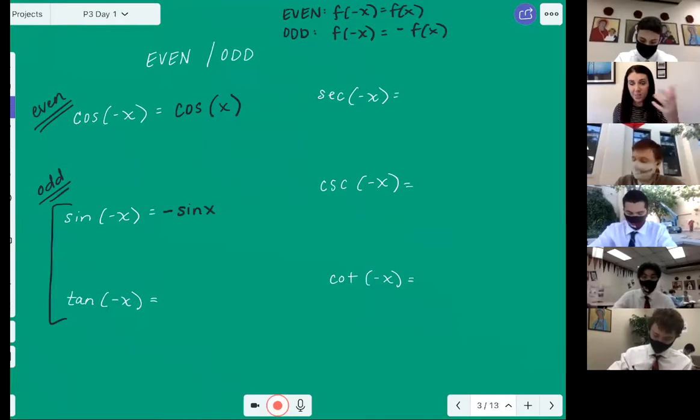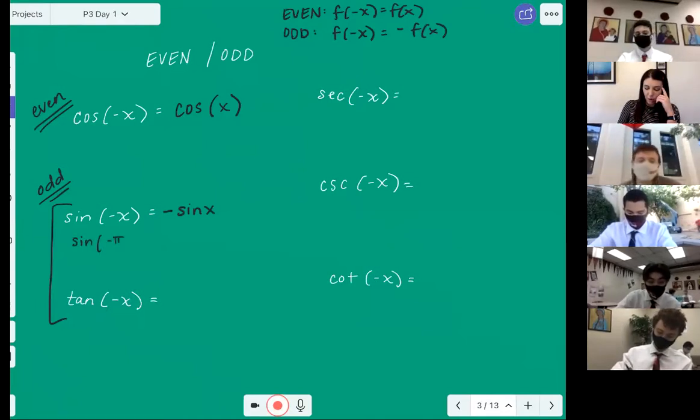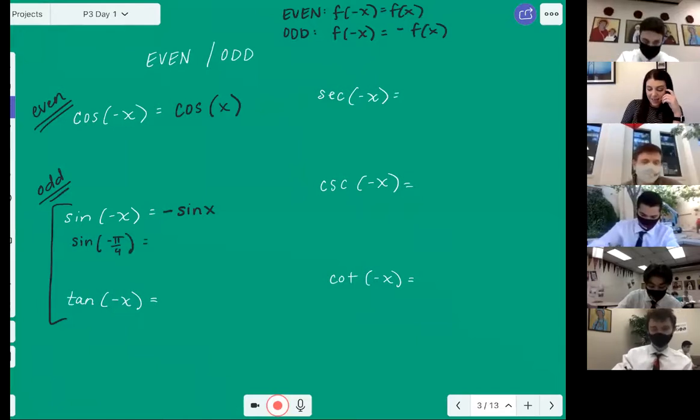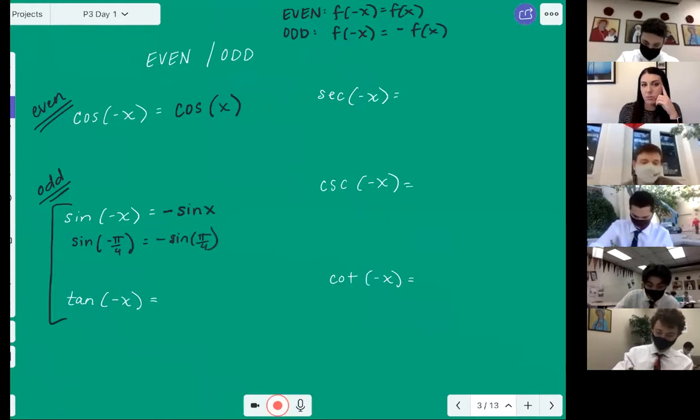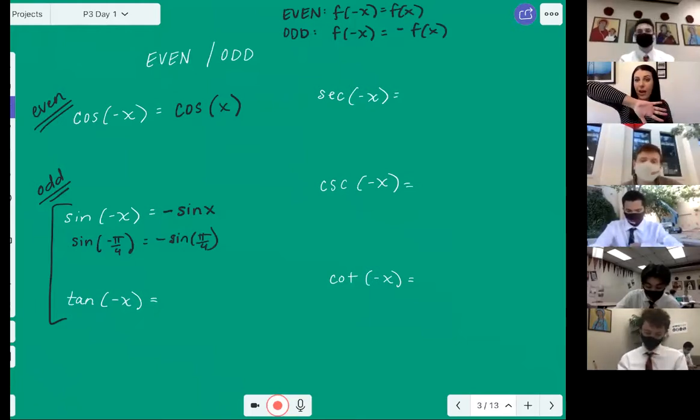Meaning, for example, if I wanted to know what sine of negative pi over 4 is, it's going to be exactly the same as sine of pi over 4, but times -1. Right? And that should make sense. Sine of negative pi over 4 puts me in the fourth quadrant, or that negative first quadrant where y is negative.